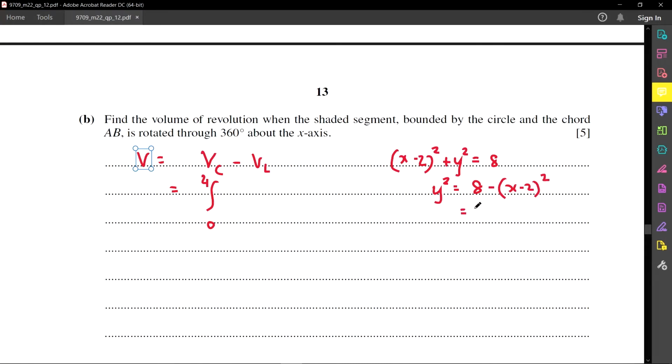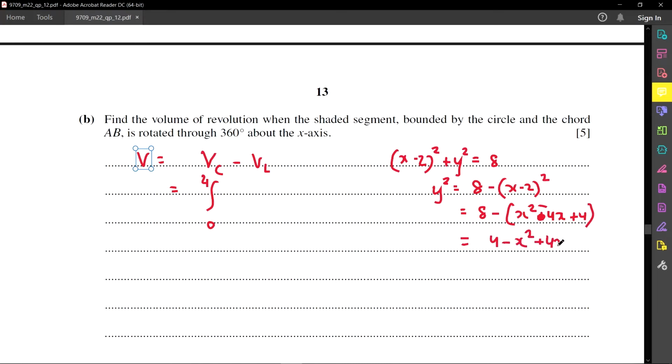We can further simplify this. So 8 minus x square plus 4x minus 4x plus 4... when you subtract this, you get 8 minus 4, which is 4, plus 4x minus x square.